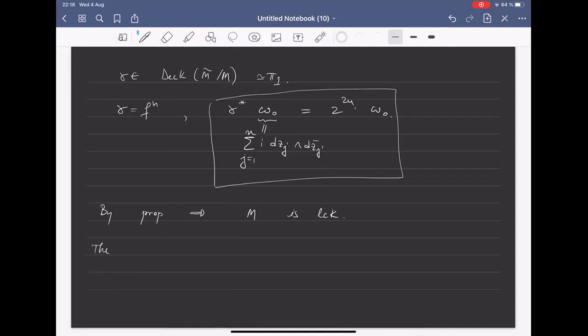So the LCK metric on M is, let's call it omega 0, such that the pullback of omega 0 on Cn minus 0 is equal to the sum of dZj wedge dZj bar divided by the norm of Z1, ..., Zn, so the norm of Z squared.